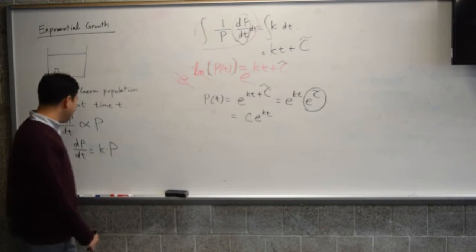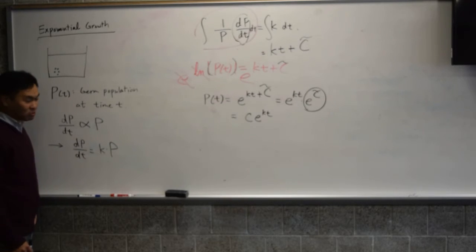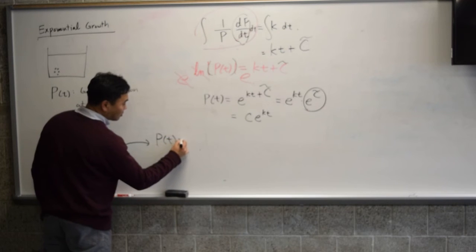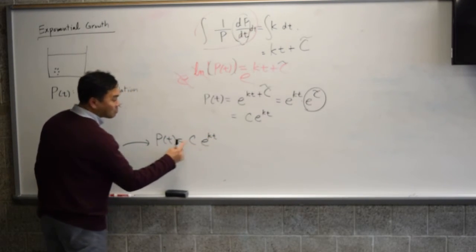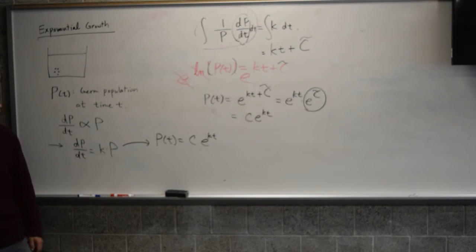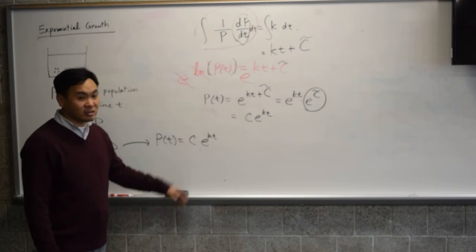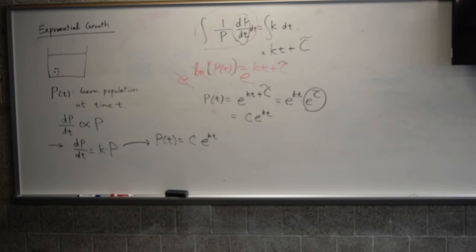So what we see is that this model for germ population has a simple solution, which is that population is an exponential function times some constant. And because we have two undetermined constants, we will need two data points.